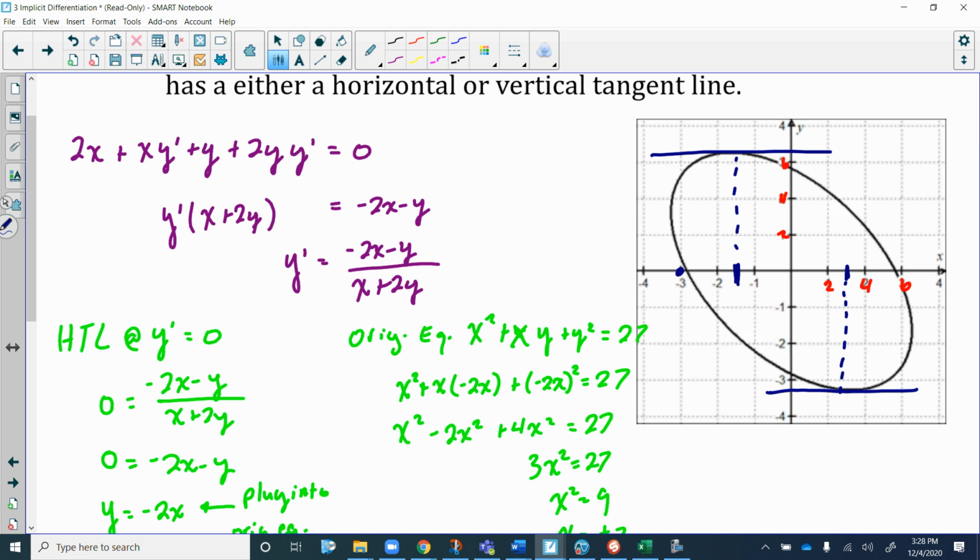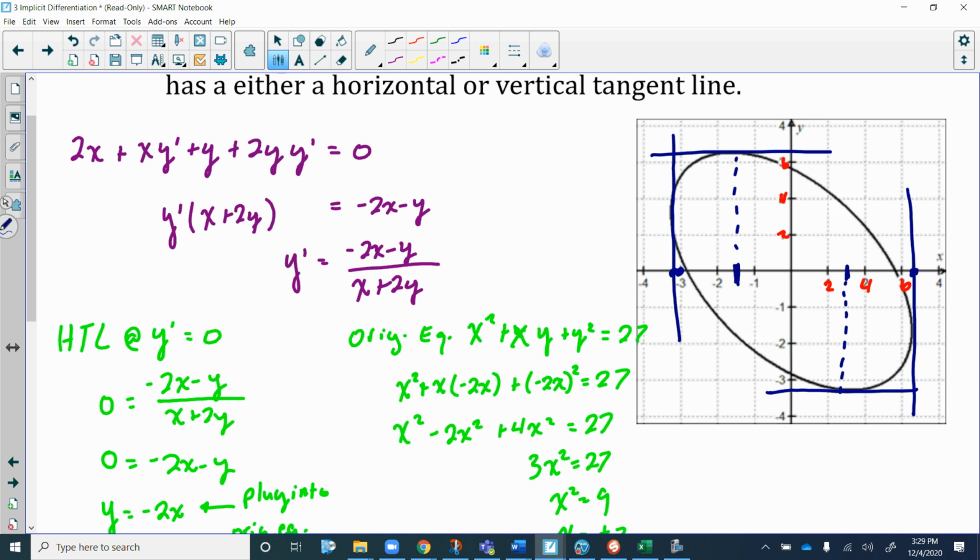I think the scale on your paper is more accurate than what this is, but we're going to have vertical tangent lines here and here. So I think the scale on the graph is off at positive and negative 6, but that's where we would identify horizontal and vertical tangent lines for this particular function, this particular ellipse.